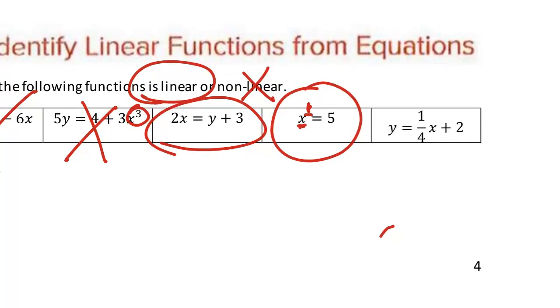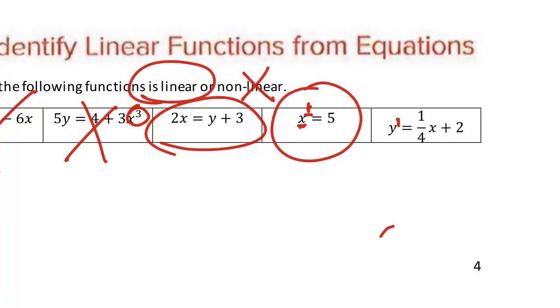And how about the last one? Linear or nonlinear for the last one? Well, what's the exponent on the y?